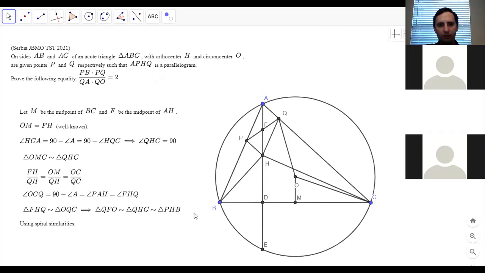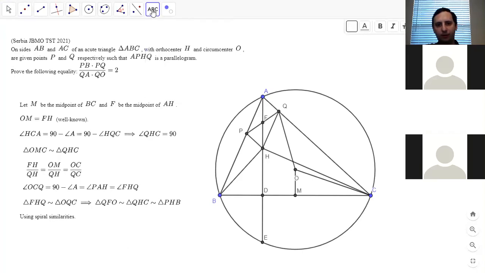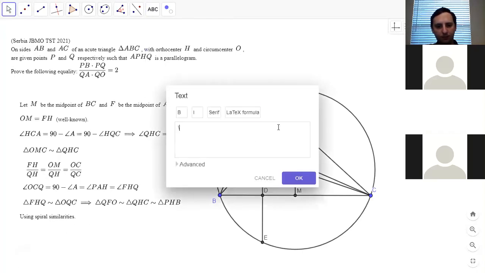So then once we have all this, that means PB over QO is equal to PH over QF. Hold on just a sec.